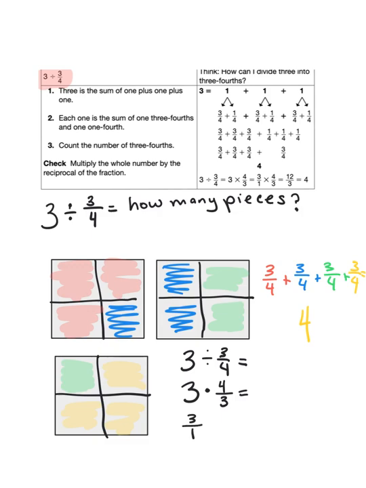If I put 3 over a denominator of 1, it doesn't change the value of that whole number. It's just a way of expressing my whole number as a fraction. 3/1 times 4/3 gives me 12/3, and 12 divided by 3 is 4.